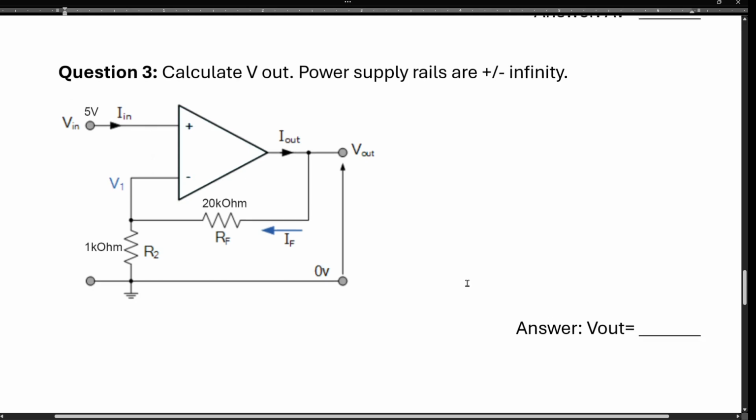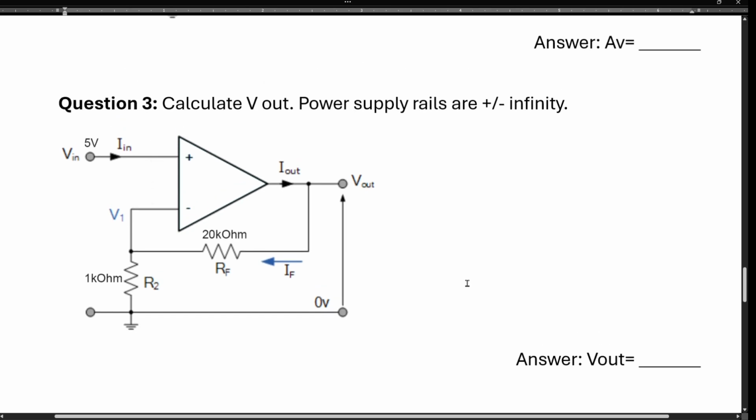Let's see what that gain is. And just to skip the discrepancies that would arise due to limitations of the power supply rails, I just said to forget the power supply values. Let's say it's no object.